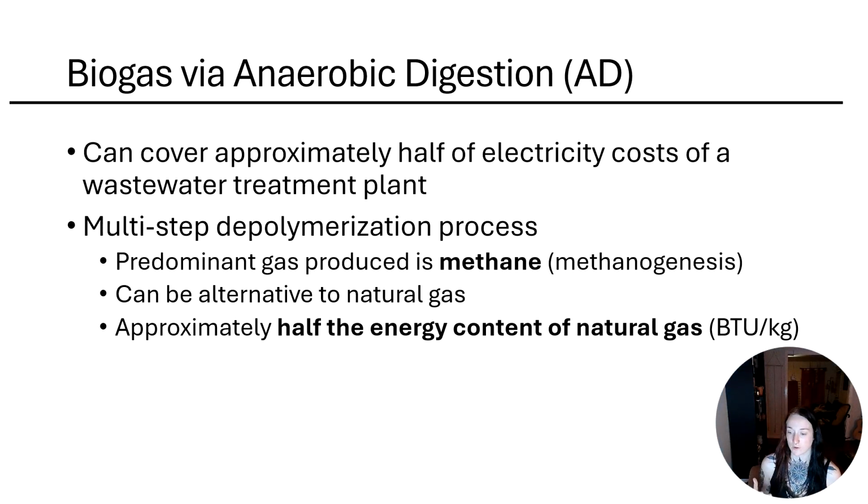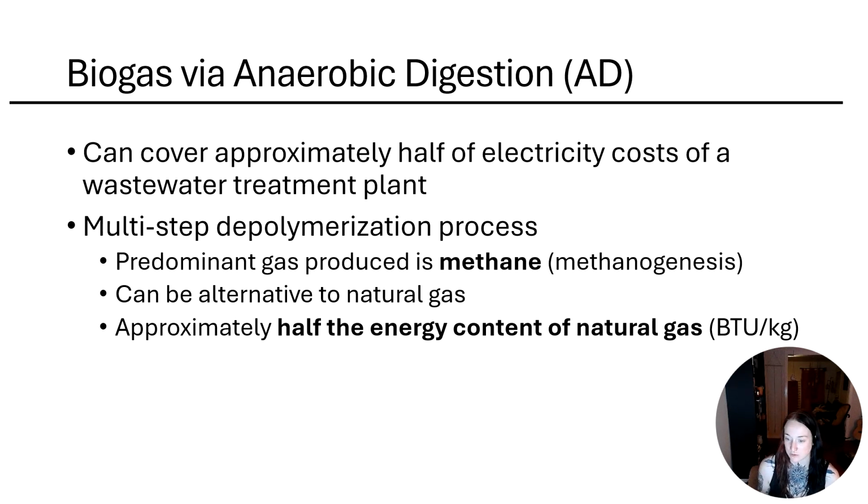So in biogas production via anaerobic digestion, this is the process of taking sludge and putting it into a reactor where microbial processes are going to occur. It's going to be a multi-step depolymerization process. The predominant gas produced is going to be methane in the process of methanogenesis, but there are going to be other byproducts such as CO2 and other trace gases.